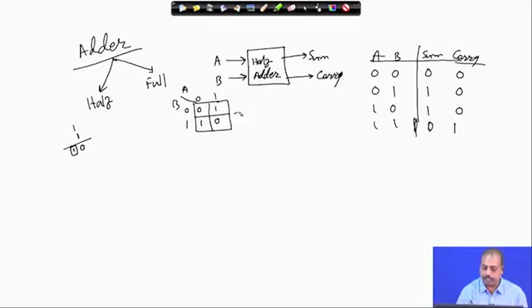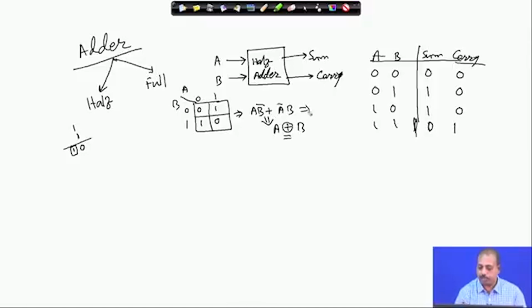So, you get the expression A B bar or A bar B, which is nothing but A XOR B. This symbol we use for XOR. For the carry part, you see that it is basically the AND function.